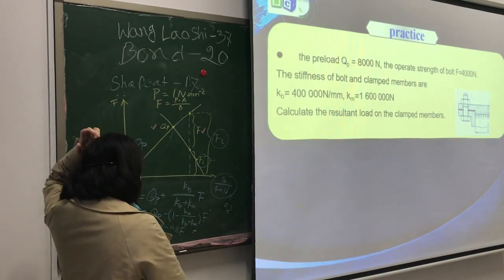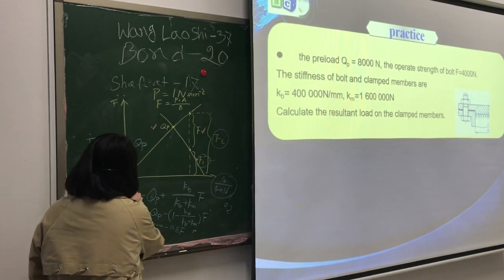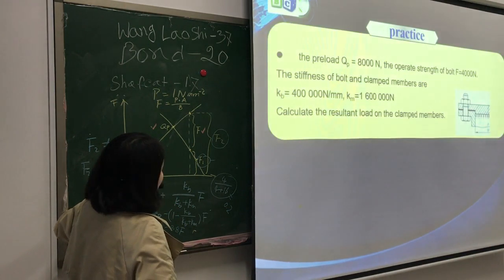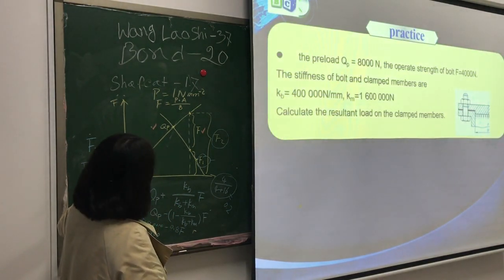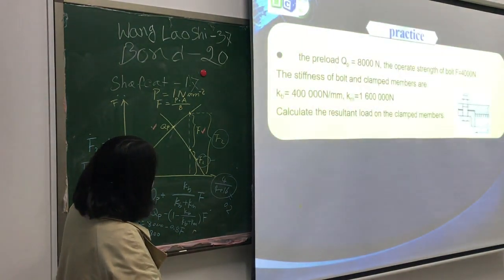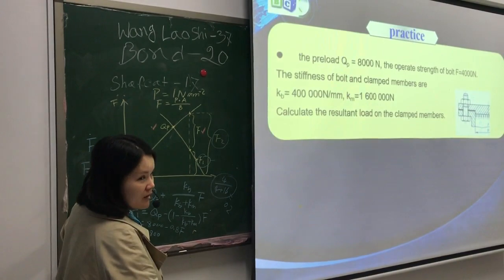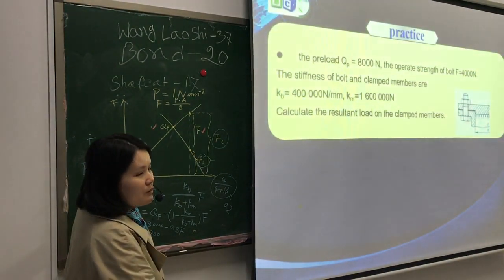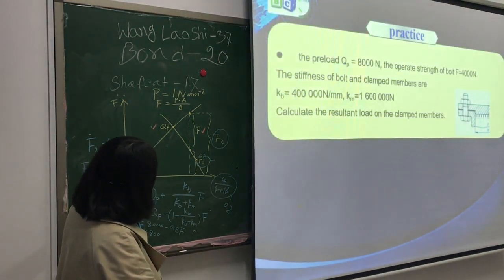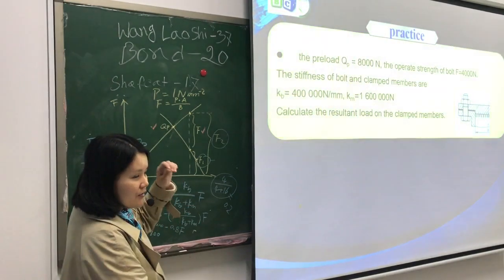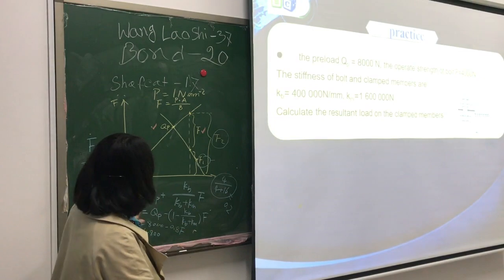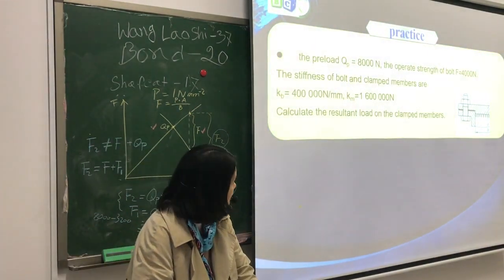So the two equations are used to calculate the resultant load of bolt and members, under the condition that the ordinary bolt is subject to the combination of preload and axial force. Under this condition we use this.